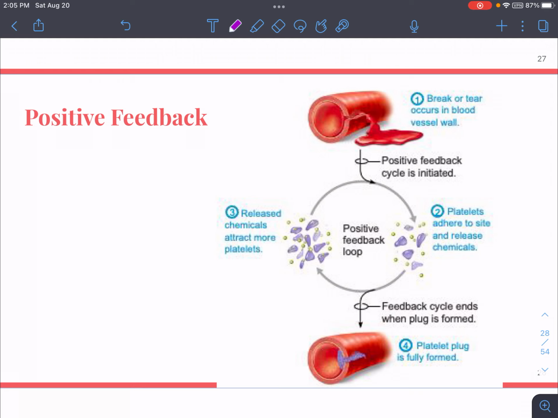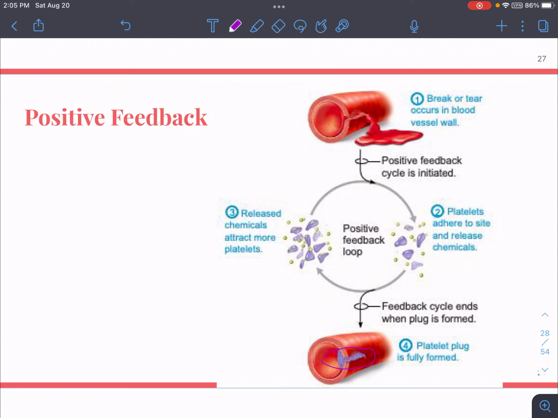Your blood contains a lot of platelets. So your platelets come to the area where the hole is in the blood vessel. It forms a plug in the blood vessel. So it plugs the hole up so blood can't keep escaping.